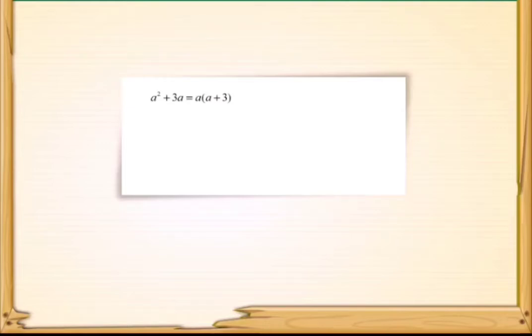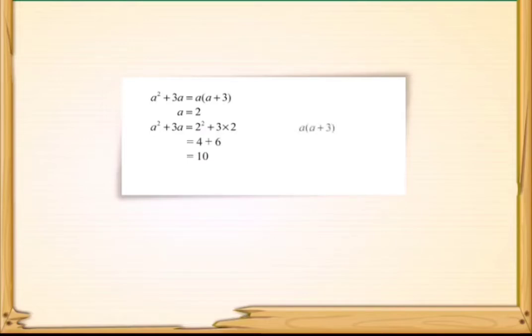Let us evaluate this equality for the value of a to check whether the left-hand side is equal to the right-hand side. Take 2 as the value of a. In the left-hand side of the equality, substitute a with 2. On substituting, you get 4 plus 6, which is equal to 10.